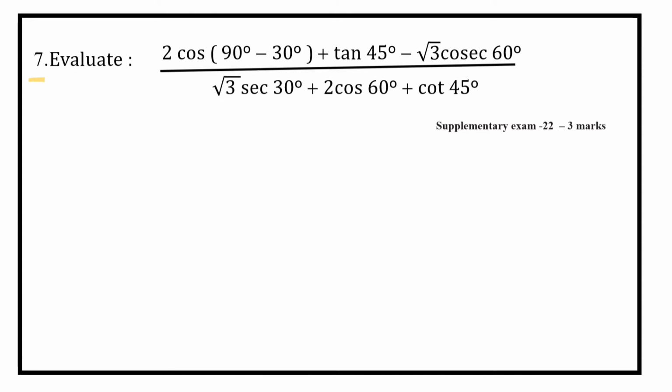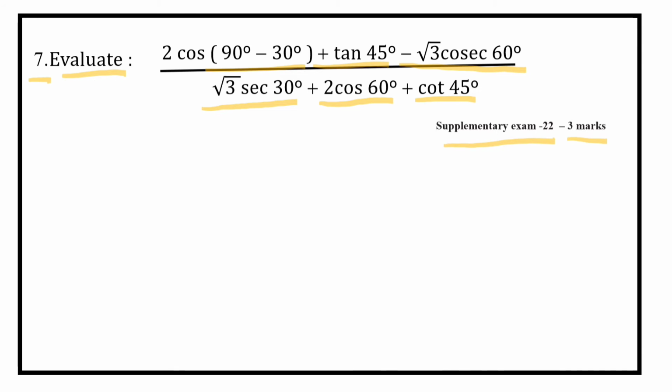The seventh question is taken from supplementary exam 2022 and it is a 3 marks question. The question is evaluate 2 cos 90 minus 30 degree plus tan 45 minus root 3 cosecant 60 upon root 3 secant 30 degree plus 2 cos 60 degree plus cot 45.